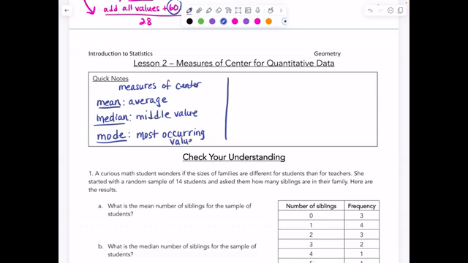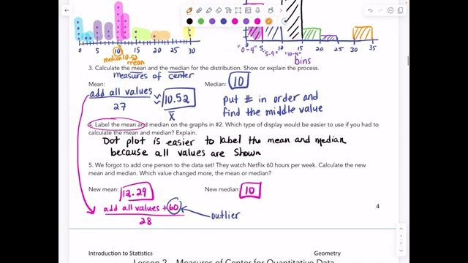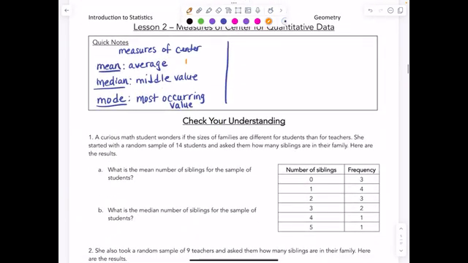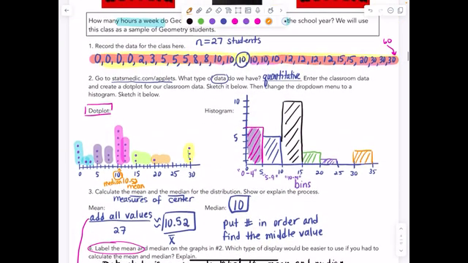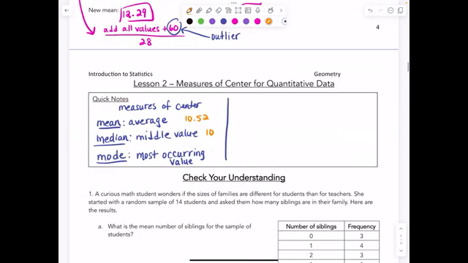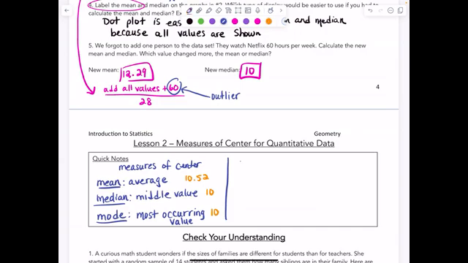So in our data, the mean without the 60 was originally 10.52. The median in this case was 10, and the most occurring is also 10, which is not always the case. Then also a word I brought up was the word outlier. So those are measures of center.